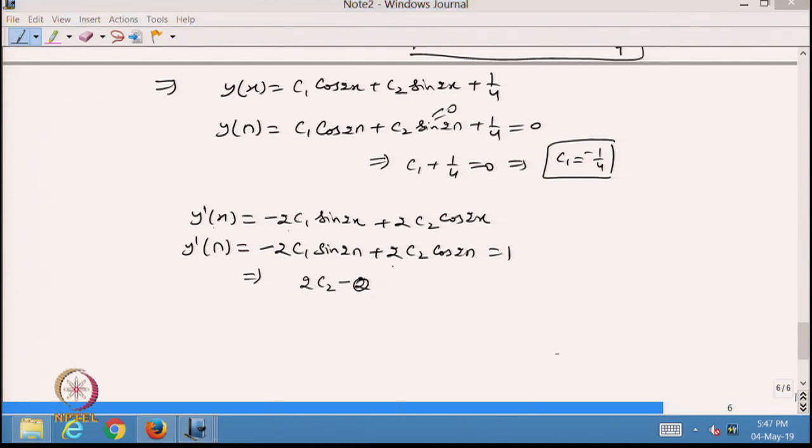And from here I will get 2 C2 is equal to 1. So, from here my C2 is 1 by 2. So, my C1 is minus 1 by 4 and C2 is 1 by 2.